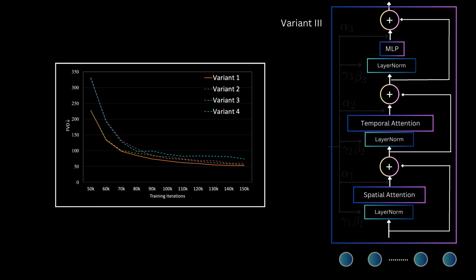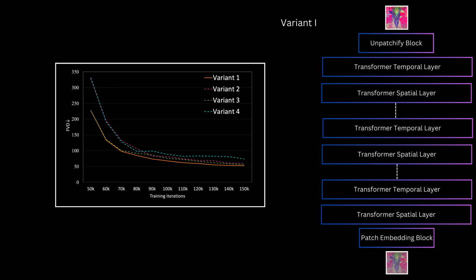This is very close in performance to variant 1, where we have alternate spatial and temporal layers, with each layer having layer norm, self-attention, and MLP. Since variant 1 achieves the best FVD, this is the variant that we look at in implementation.